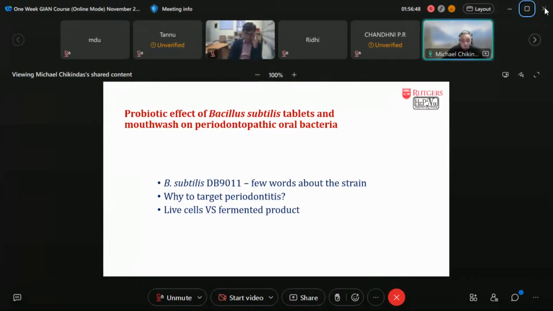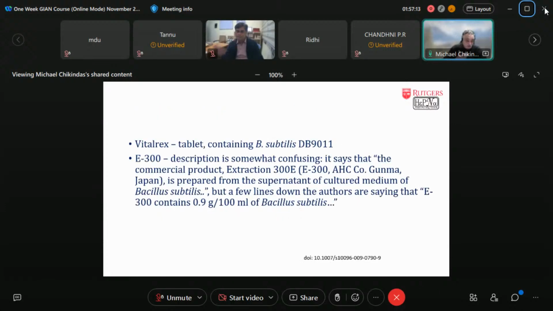It has been shown to have beneficial effects in a variety of formulations for agricultural purposes. And investigators decided to look at the possible role of this microorganism in the oral cavity. They wanted to compare the live cells against the fermented product. So the formulation was designed as Vital Rex tablets, which contain Bacillus subtilis DB9011. And the good thing about it, it's a small format, so the shelf life can be very long.